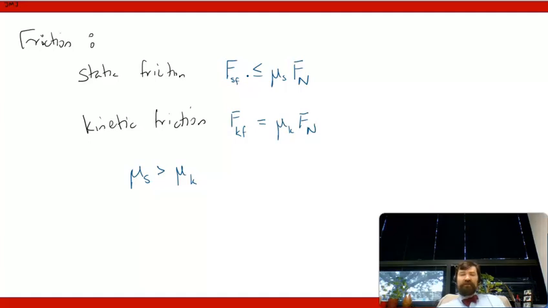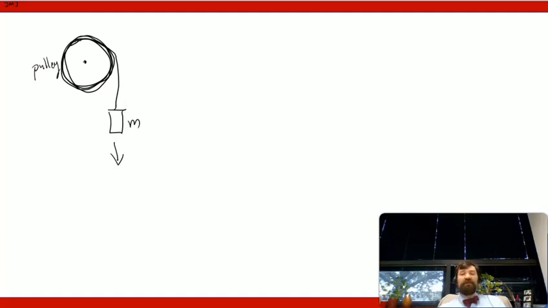Now, it's worth noting that there are some types of motion that we might call semi-rolling without slipping conditions. For example, if I happen to have a pulley, so this is a pulley, and I have a rope that is wrapped around and around and around the pulley. So maybe it's more like a rope that's wound around a shaft on a rod, and then I have a mass attached to one end, and the mass begins to fall.